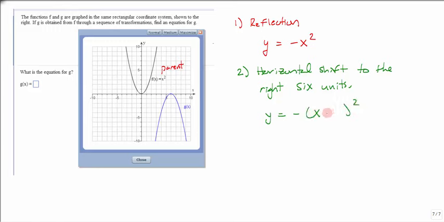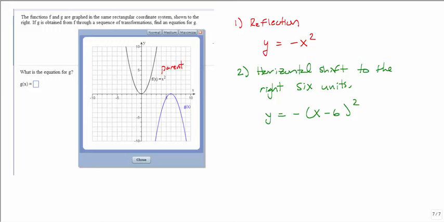So because we think it's to the right, we're going to write a minus 6 in. So I think that this is probably our answer, y equals negative quantity. And it's important that you have that in parentheses. So we have negative quantity x minus 6 quantity squared.